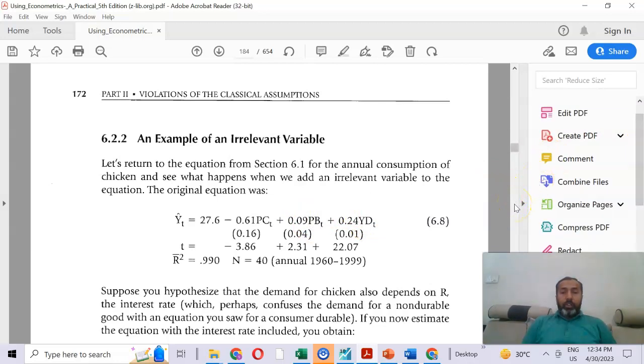And we include here one variable, and that is interest rate. We can add it here because that is an irrelevant variable.